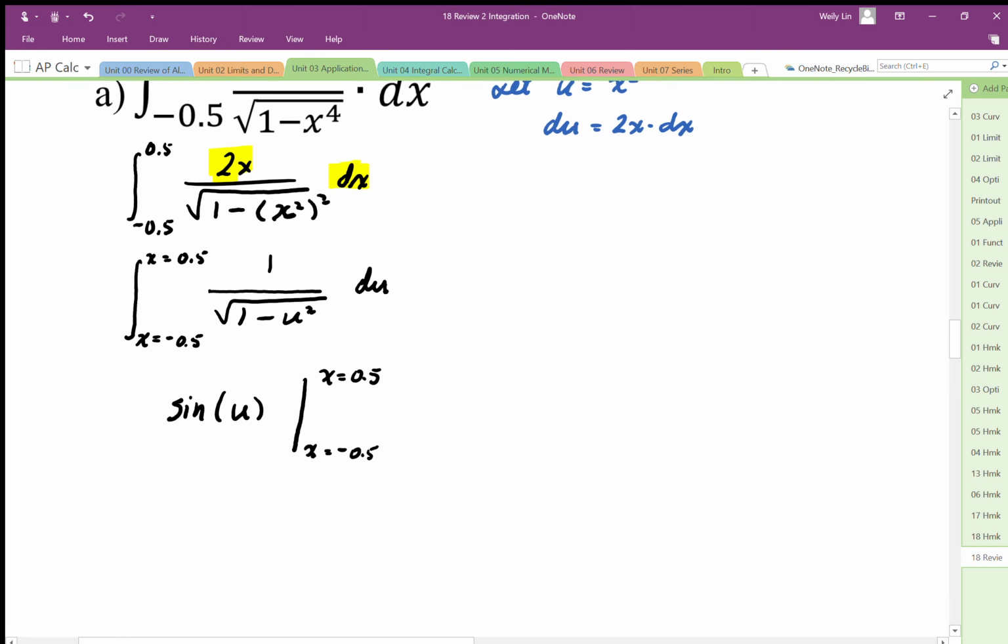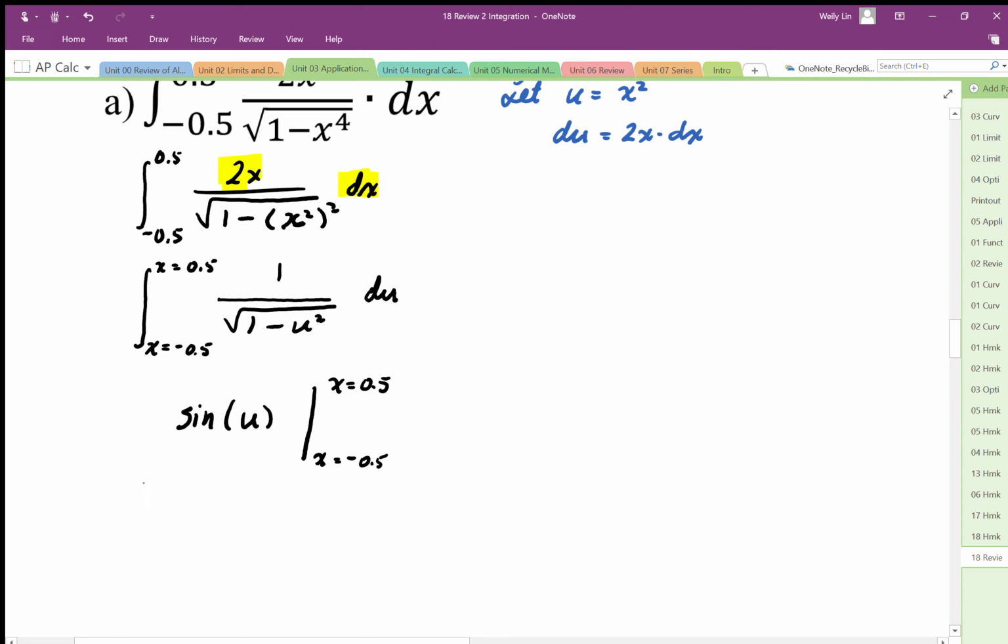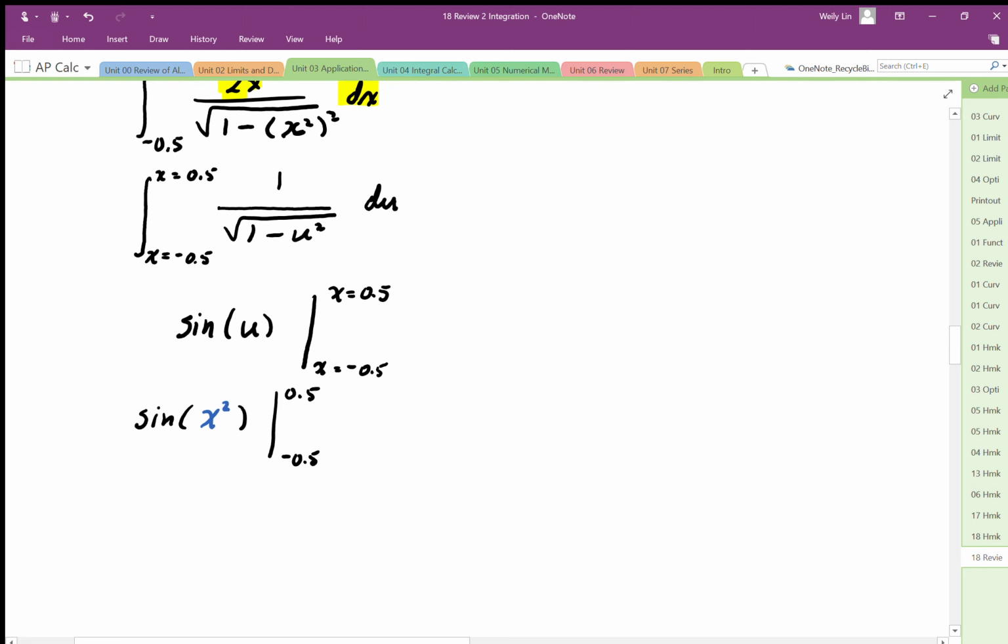I'm going to switch it back to x's, so I end up with arcsine of x squared. The u is defined as x squared, and then I change my bounds back into terms of x. So I don't need to put the x equals anymore. And then I can evaluate this.